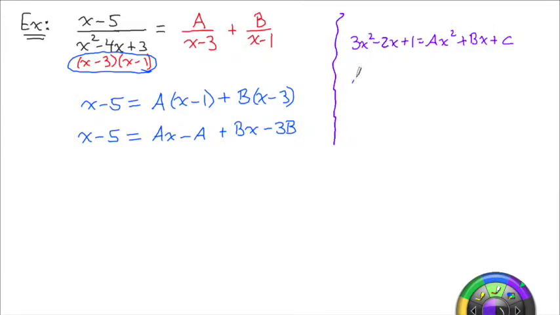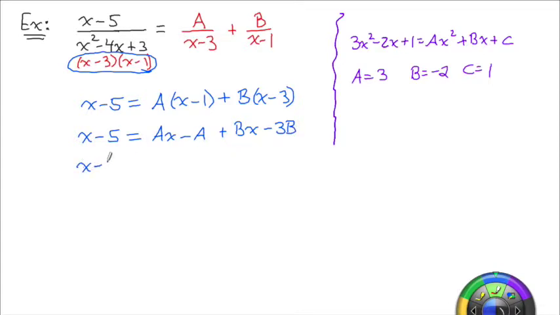In other words, a has to equal 3, b has to equal negative 2, and c has to equal positive 1. Otherwise, these polynomials would not be equal. So the trick is to use this idea over here, and what we're going to do is collect the x's, and we're going to collect the constants, and kind of put them together.